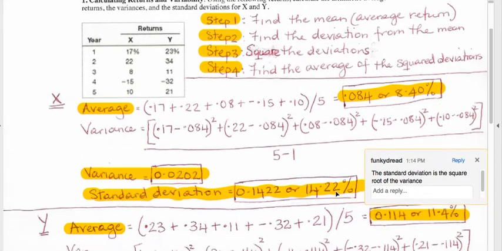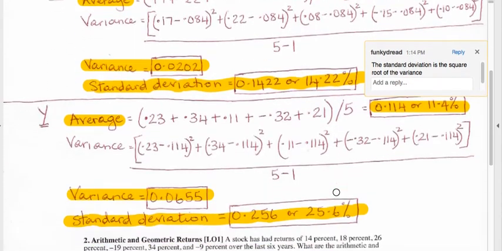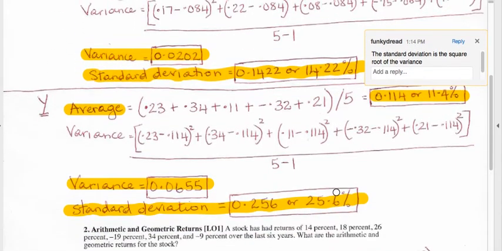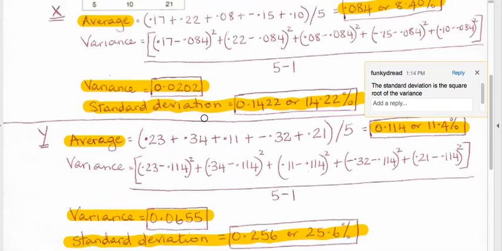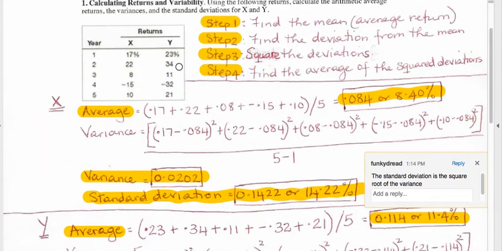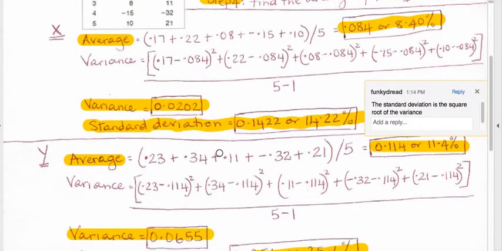Let's do the same thing for y. First step, find the average. So you add your returns up for y. Take a look at the returns for y right here: 23%, 34%, 11%, negative 32%, and 21%. So you find the average. If you notice here, the average is 11.4% or 0.114.